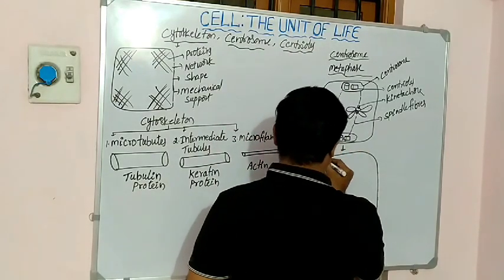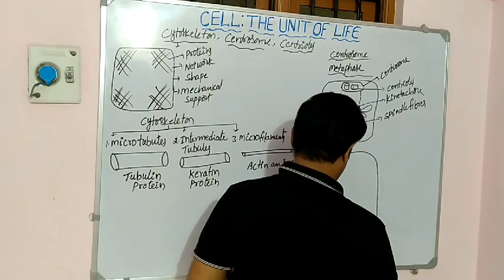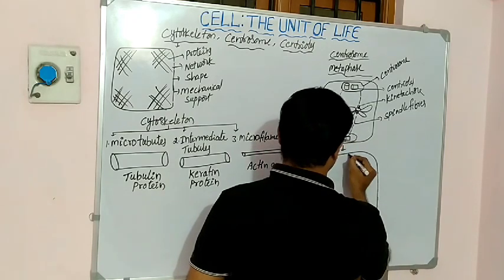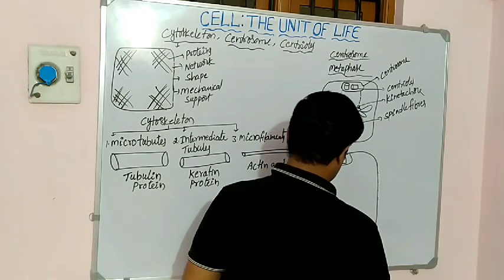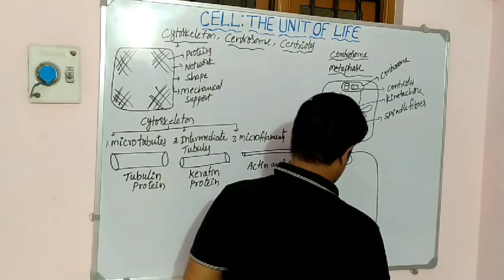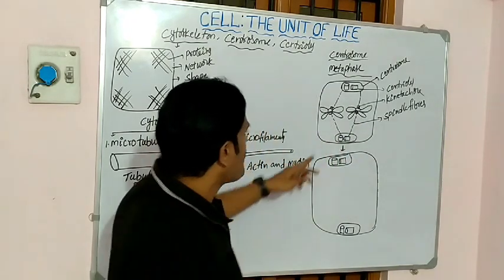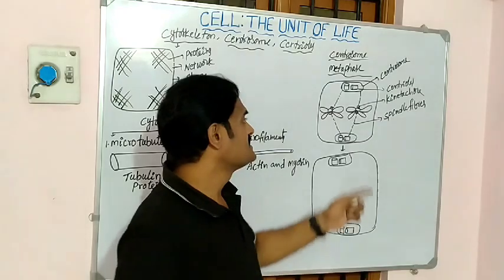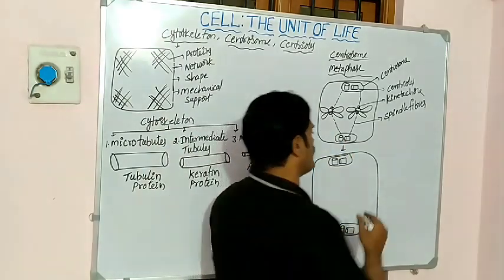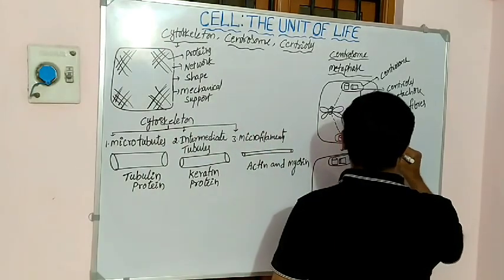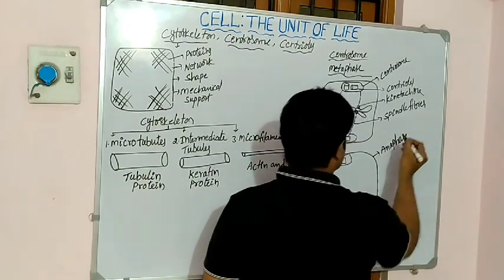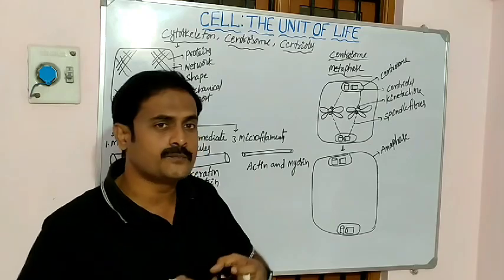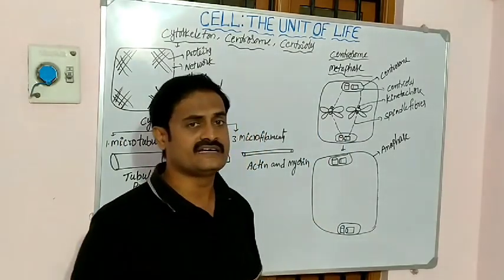Now I will draw the anaphase. See, both sides centrosomes are present, and inside the centrosome there are centrioles like this. So after completion of the metaphase, the cell reaches one more phase. This is called anaphase. During this phase, the chromosomes are pulled by the spindle fibers.